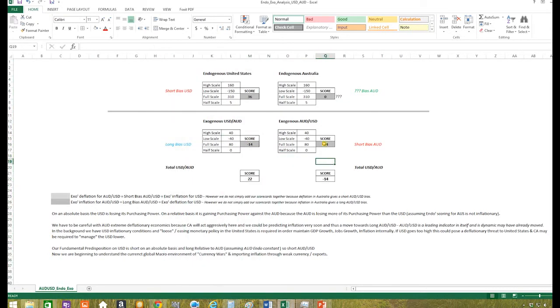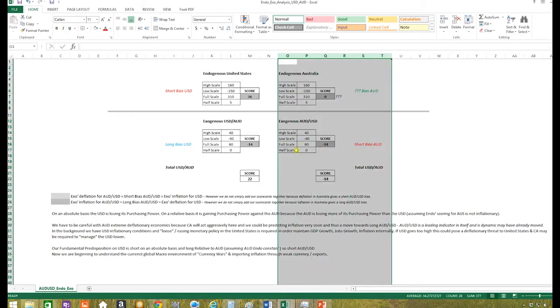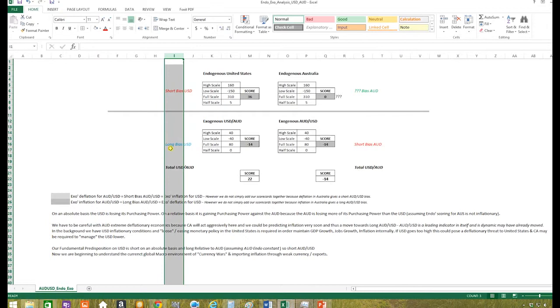Well, the negative contribution scorecards across are the same for the US dollar, because if we have a short bias in the Aussie dollar on this side, we have a long bias in the US dollar on this side, because with the dynamic relativity principle, you can't sell Aussie dollar without buying US dollar if you actually sell the Aussie dollar US dollar exchange rate. So we have a long bias on this side if we have a short bias on this side.